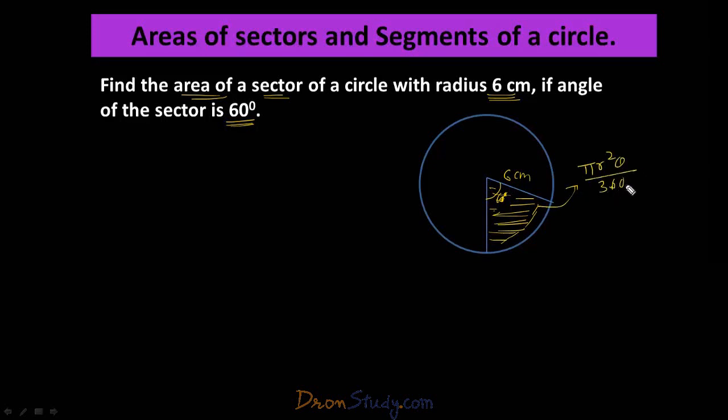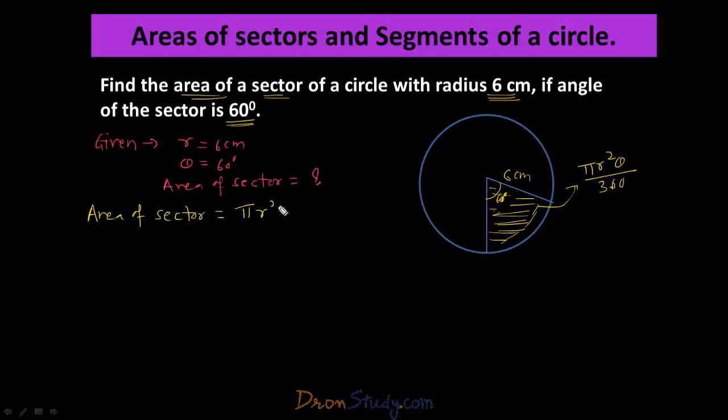So let us start with the given things. Given r is equal to 6 centimeter, theta is equal to 60 degrees, and we have to find area of sector. So here area of sector is equal to pi r square theta upon 360.